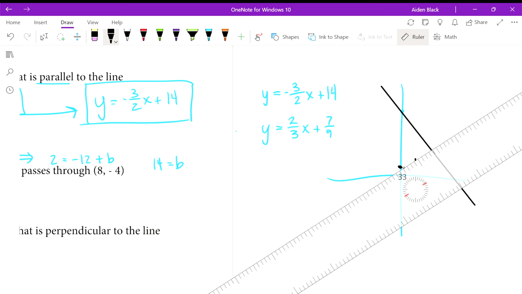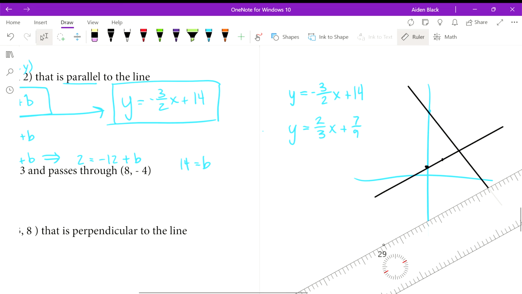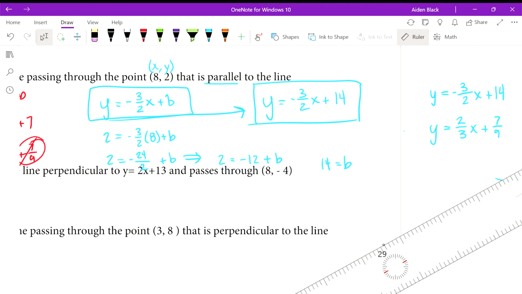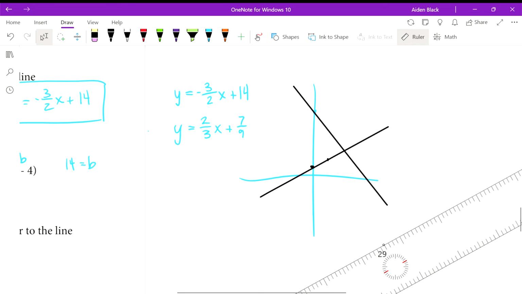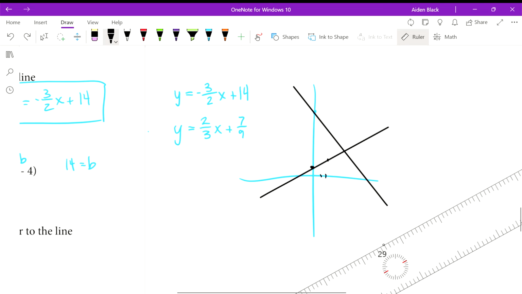And it should be perpendicular to it, whilst this line here passes through 2, 8. Is that right? No, 8, 2. That point there. Okay.